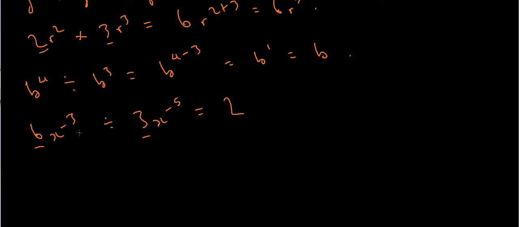Even though we've got negative numbers as powers, we can still do the same thing. So this becomes x to the power of minus 3 minus 5. And if we've got a double negative, that becomes a positive. So minus 3 minus minus 5, well, that's minus 3 plus 5, and minus 3 plus 5 is 2. So that's 2x squared.